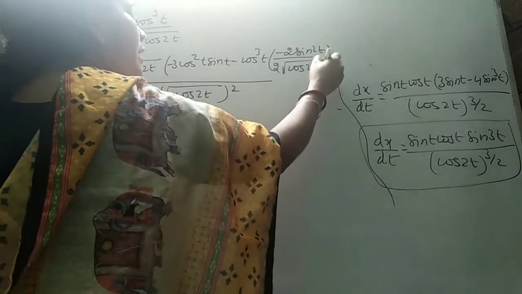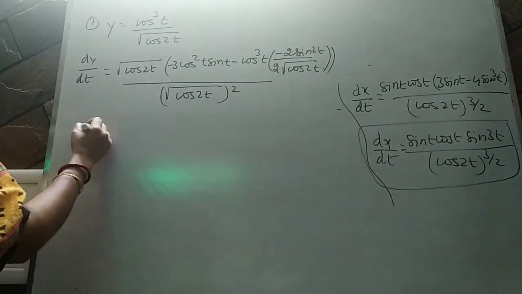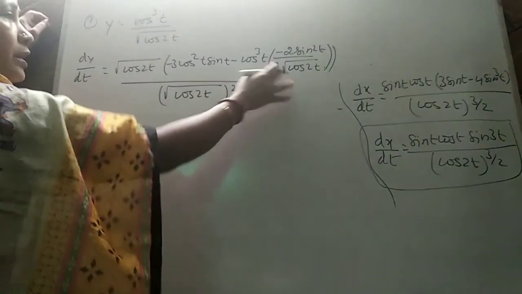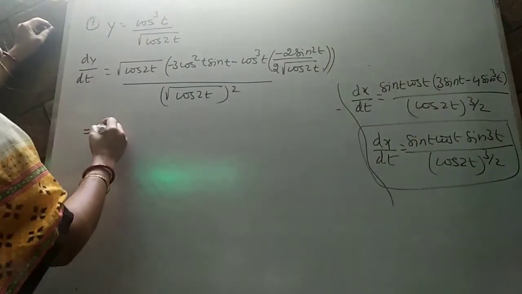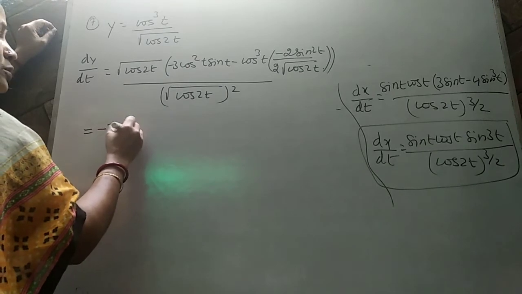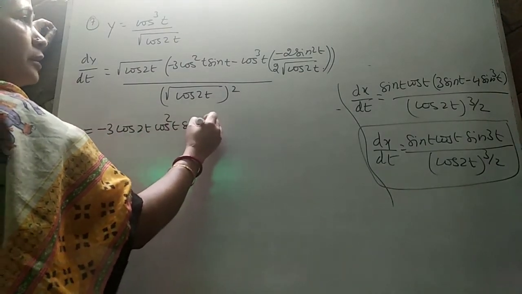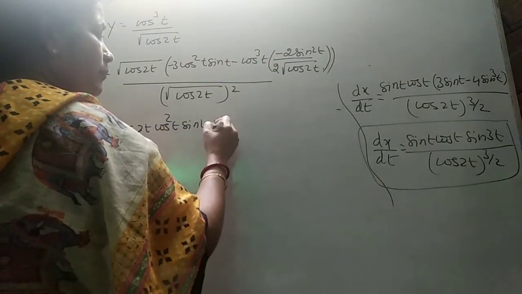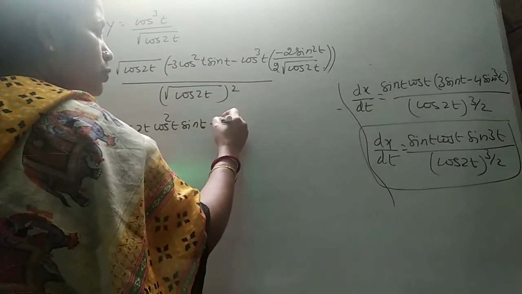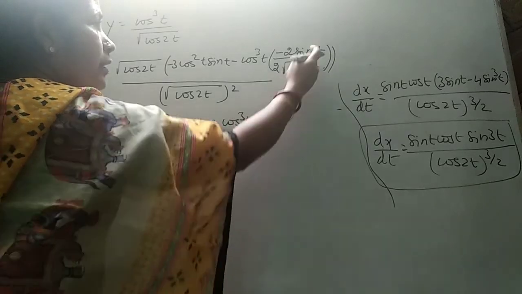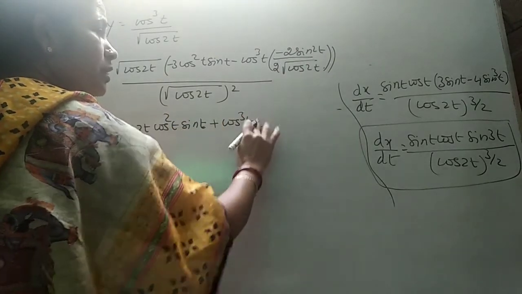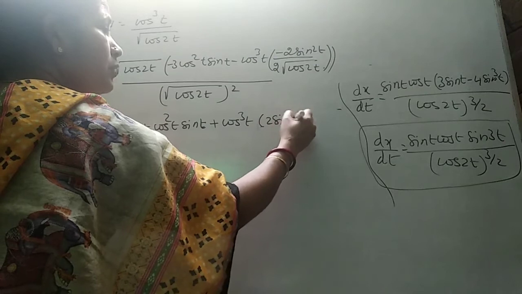Am I correct? Now the same way whatever I did previously, the same step, I'm taking the LCM, 2 to cancel. So minus 3 cos 2t into cos square t into sin t, and then minus a plus, we will get cos cube t into, if I use the formula 2 sin t cos t, so that is 2 sin t cos t.